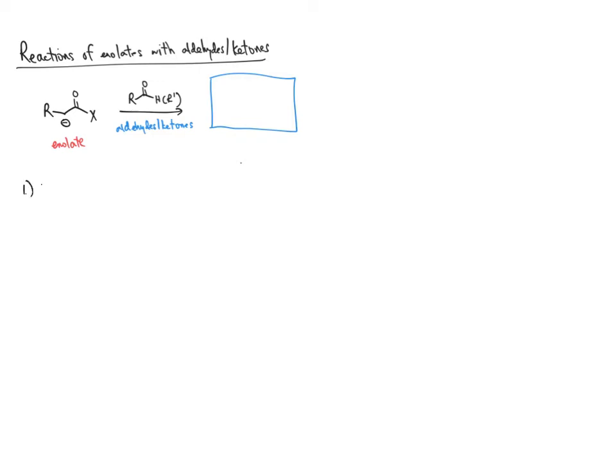So the first reaction that we want to talk about is known as the Aldol reaction. And the Aldol reaction is a reaction in which you get a formation of a beta-hydroxy aldehyde, or beta-hydroxy carbonyl.